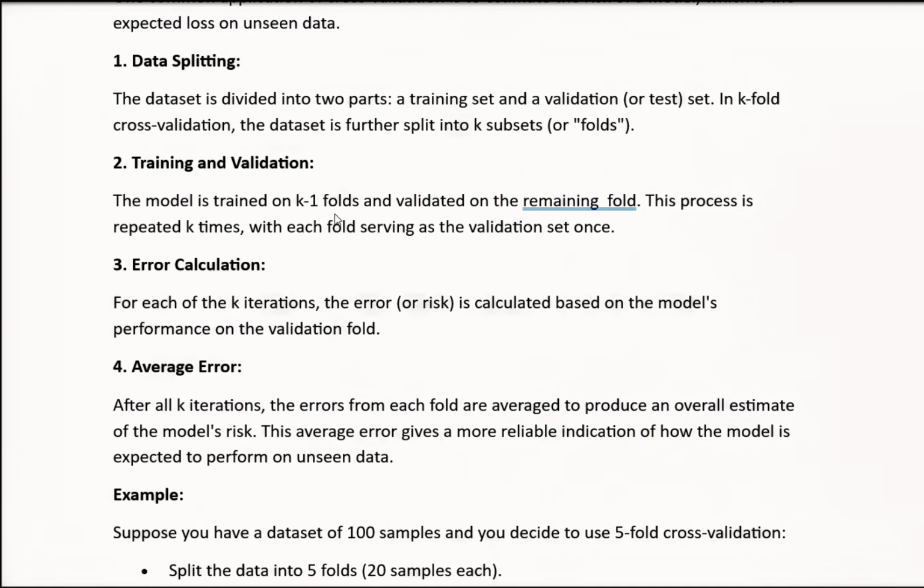Here's a breakdown. K means the total number of folds. K minus 1 means the number of folds used for training. 1 means the number of folds used for testing. For example, if K equals 5, then K minus 1, 5 minus 1 equals 4. This process is repeated K times, with each fold serving as a test set once.